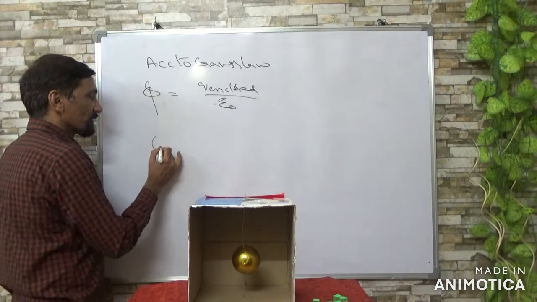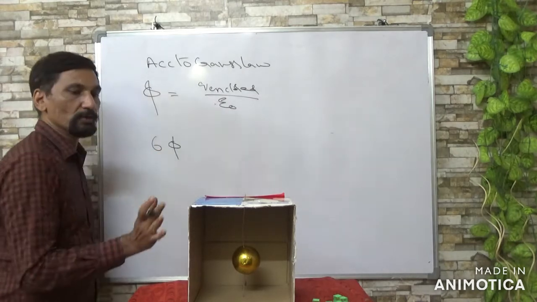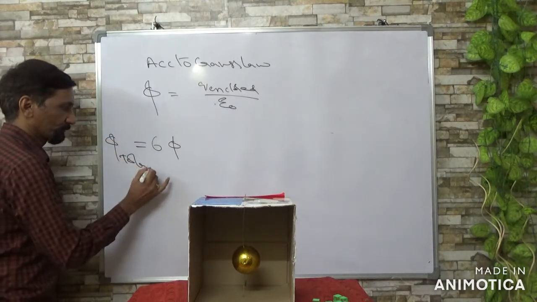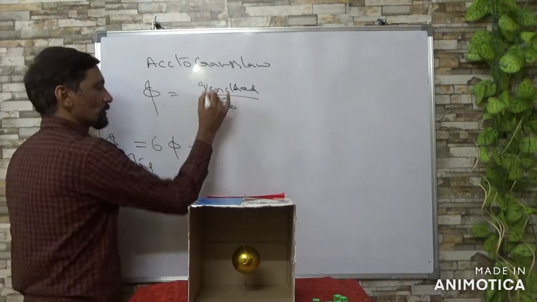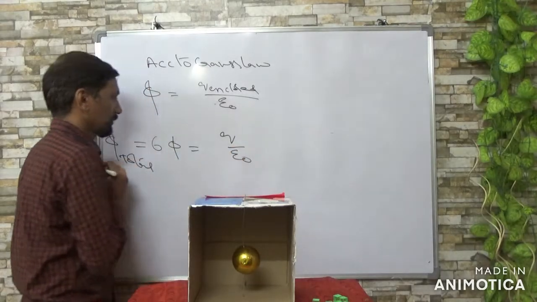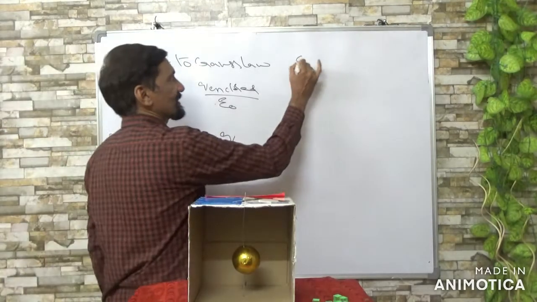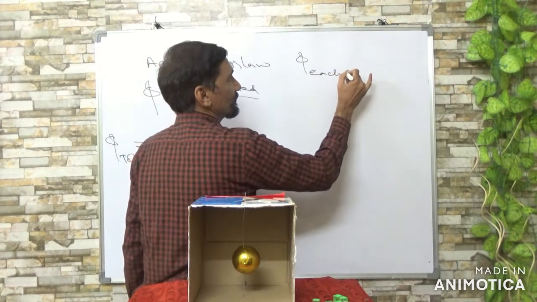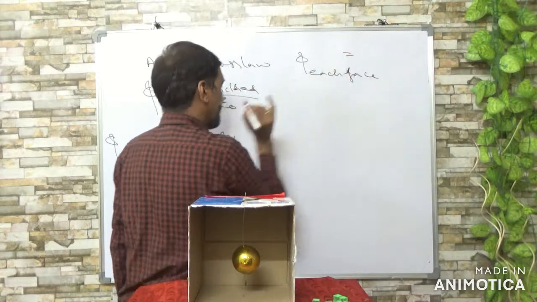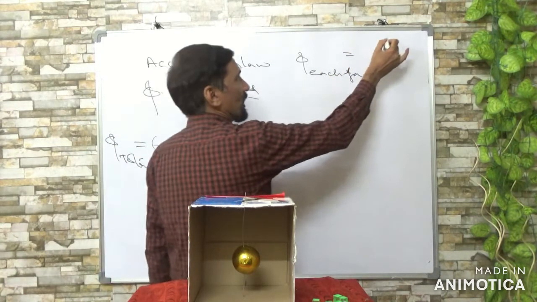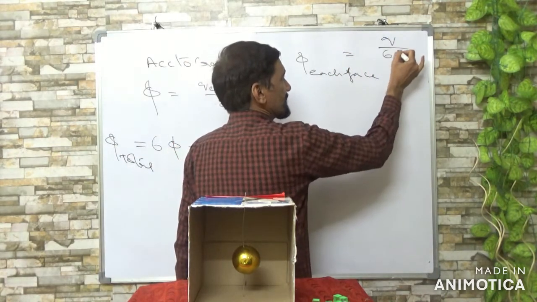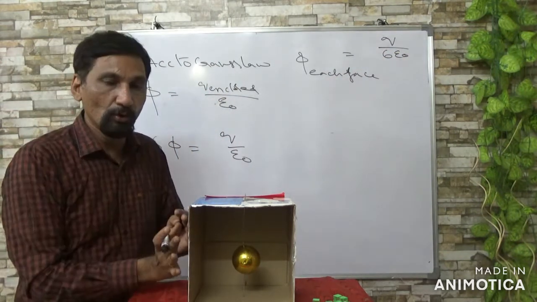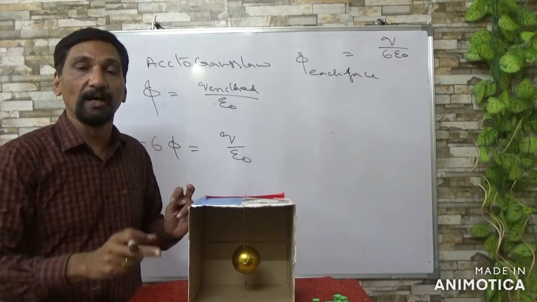So 6 into the flux through each face is the total, equal to Q by epsilon naught. Therefore the flux through each face is equal to the total charge enclosed by 6 epsilon naught. So this is the electric flux through one surface of the cube.